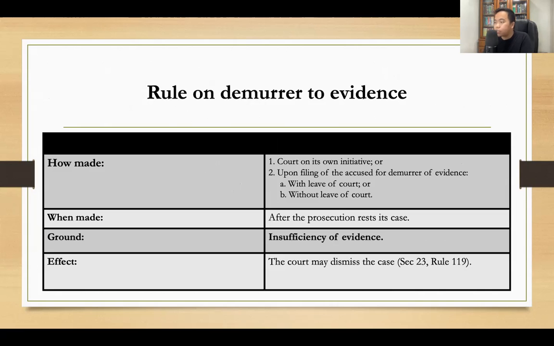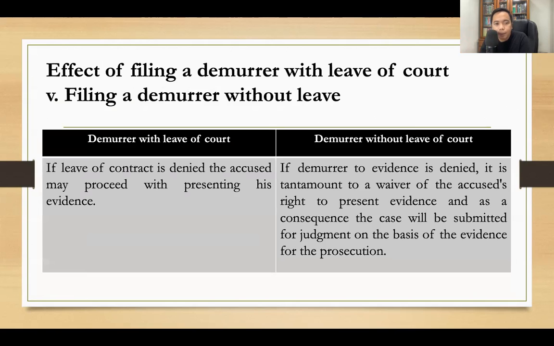So sometimes the defense will file a motion for leave of court to file demurrer to evidence. That means that the accused is asking the court if he can file a demurrer to evidence. On the other hand, if the demurrer to evidence is filed without leave of court, that means the accused is filing the demurrer directly without permission from the court.